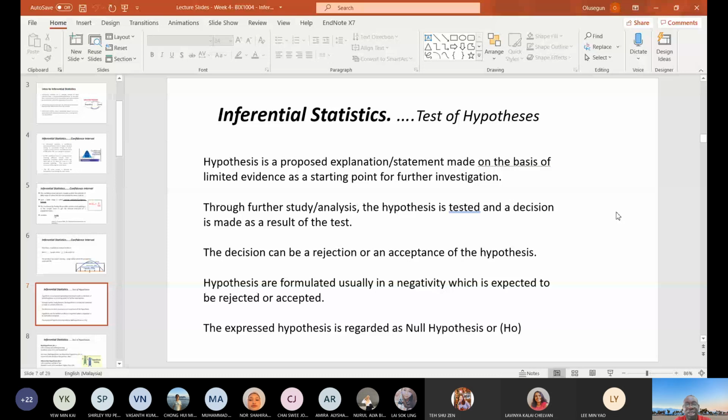So if I want to express it in a hypothesis form, hypotheses are always expressed in a negative format, like not, like did not, like insignificant, not significant. So I would like to say that such a statement will not be a true statement until it is tested.